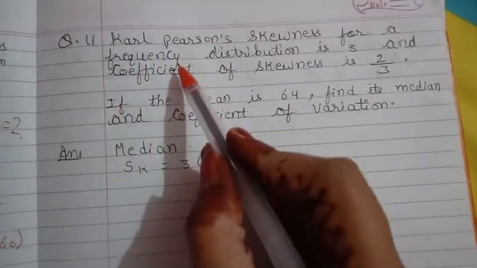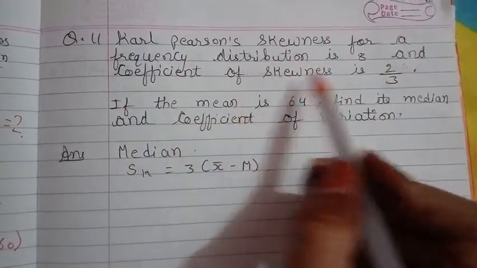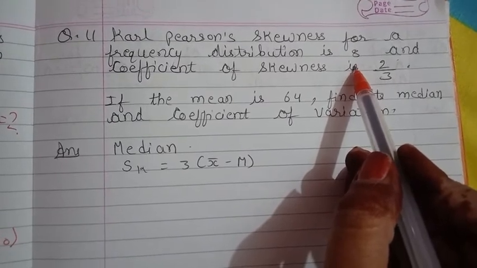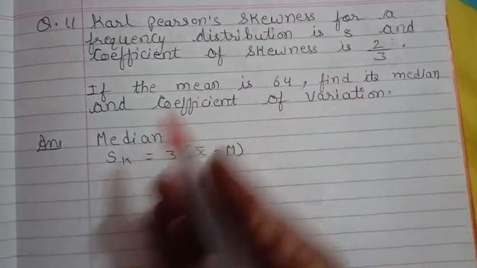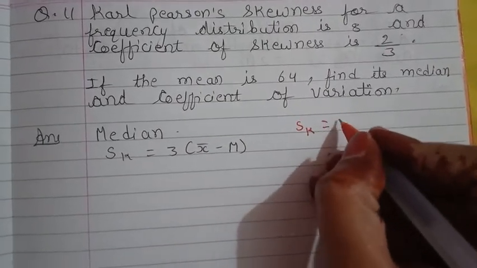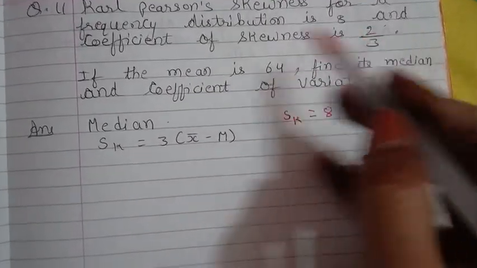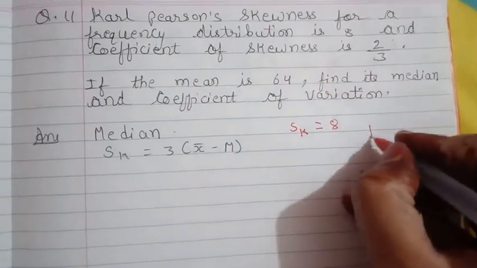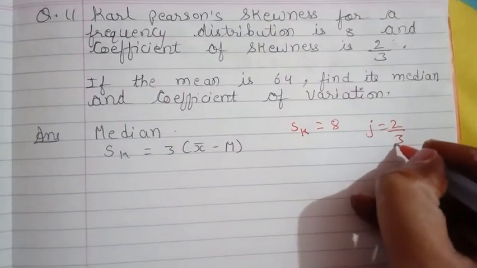Next question. Karl Pearson's skewness for a frequency distribution is 8, so skewness Sk is given to us, and the coefficient of skewness is 2 upon 3, that is J is equal to 2 upon 3.